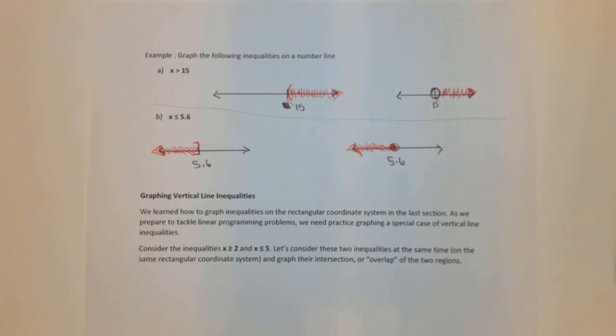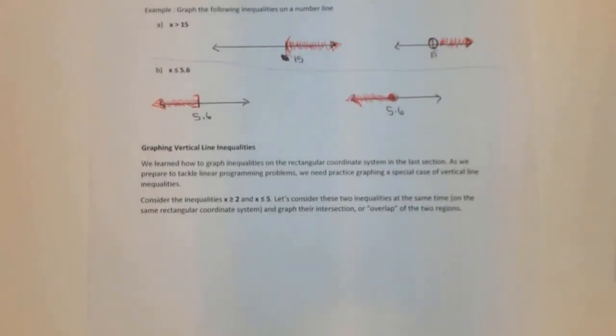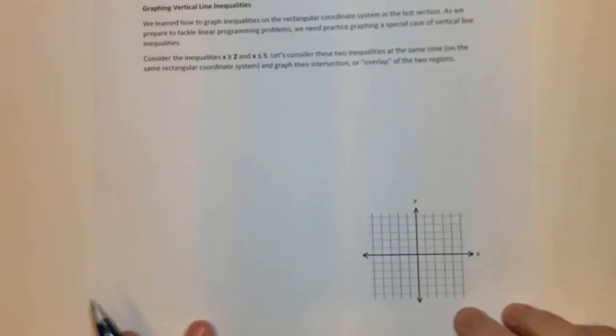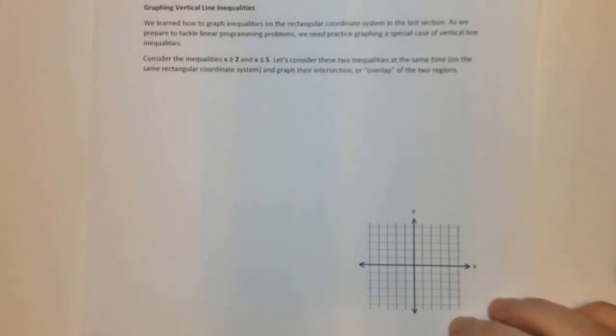Okay, so now that we understand that, let's transfer this to the rectangular coordinate system, which we're going to do down here at the bottom. I'll show a little bit of work before I do this graph. That's why I left us some space. Graphing vertical line inequalities.